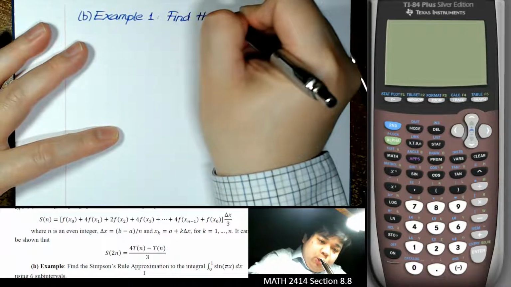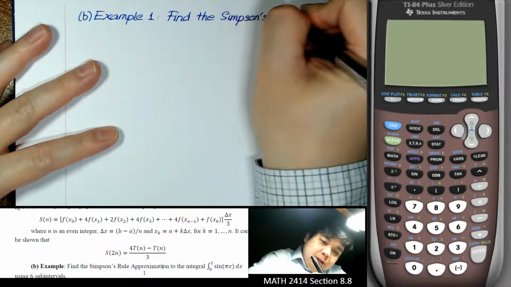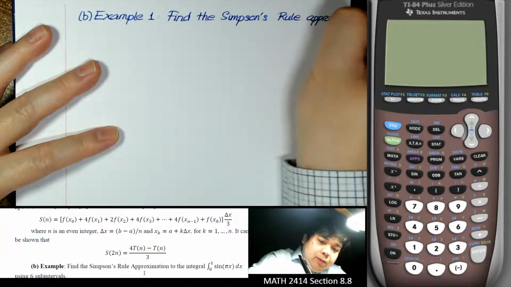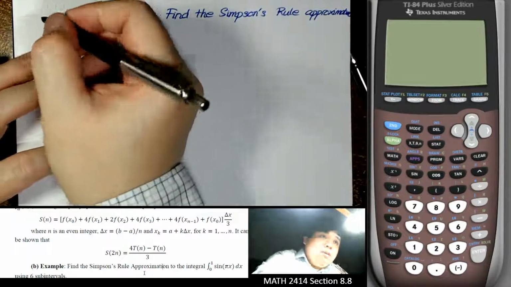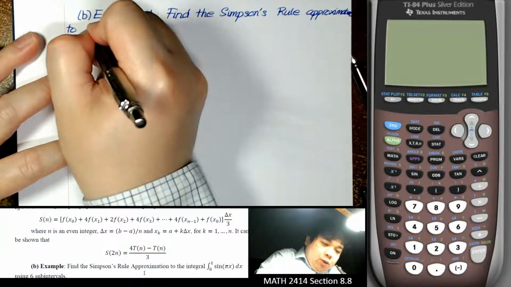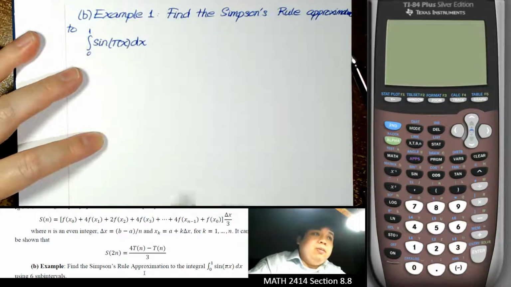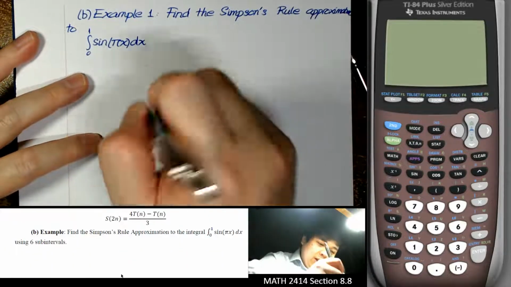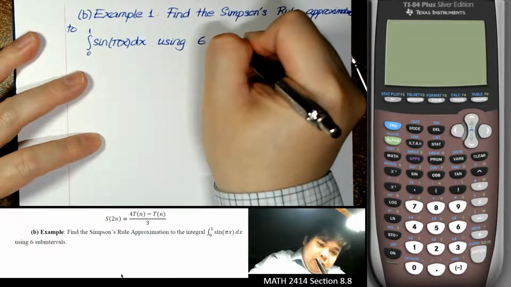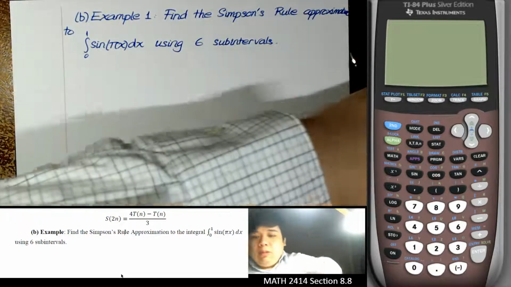Find the Simpson's rule approximation to the integral from 0 to 1 of sine of pi x using 6 subintervals.